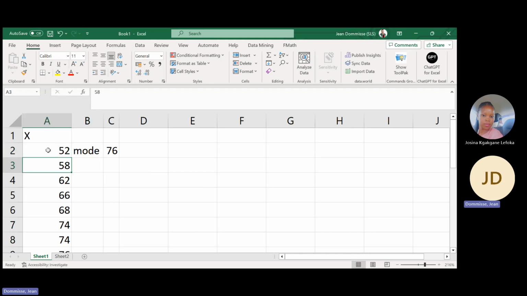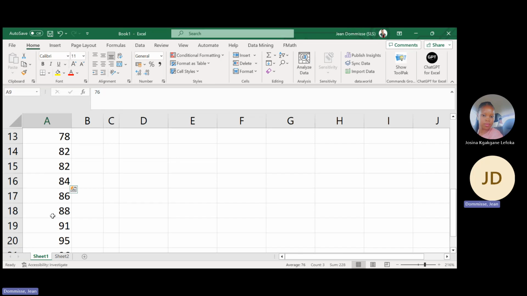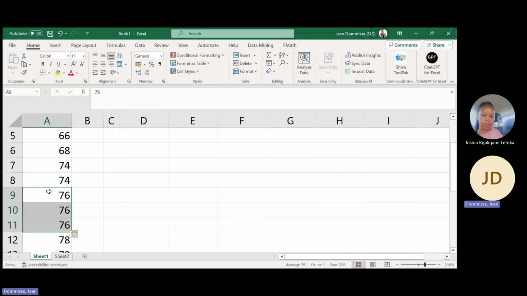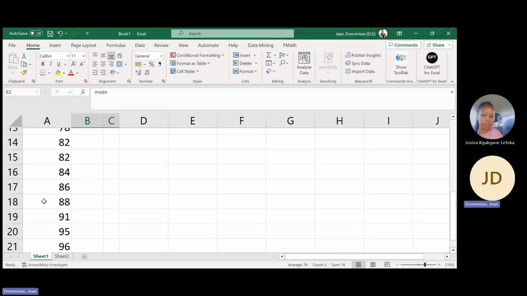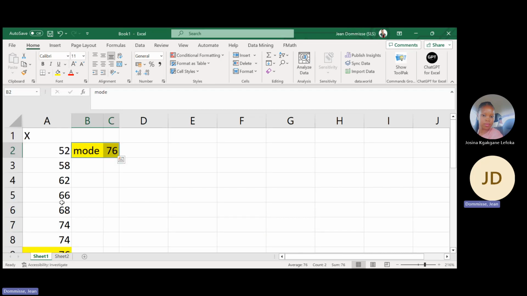So let's look at the number that appears the most. So 74 happens twice, 76 three times, 78 twice, 82 twice. Okay, so definitely 76 is the mode, because that does appear most. Okay, so we can be happy with that one.